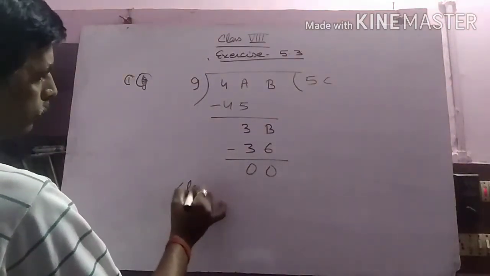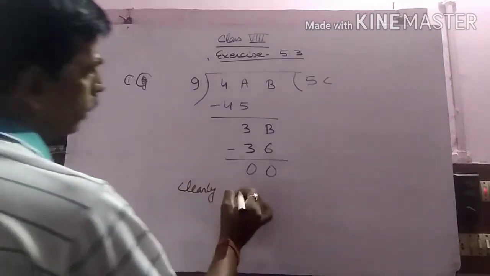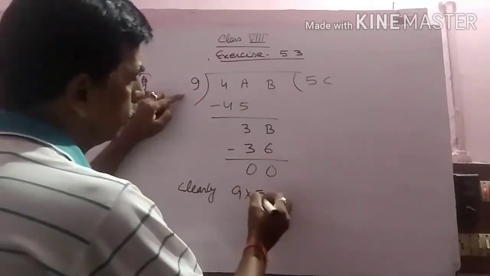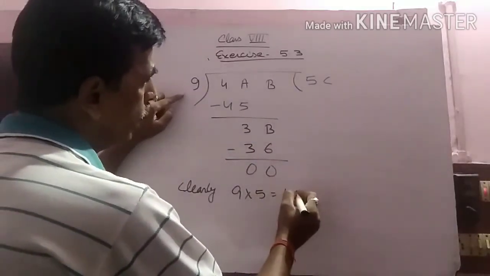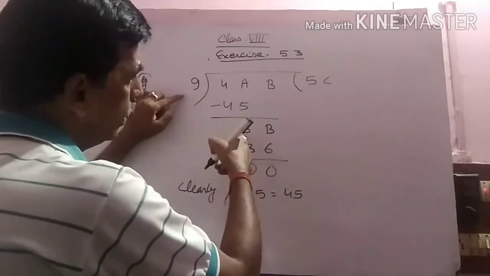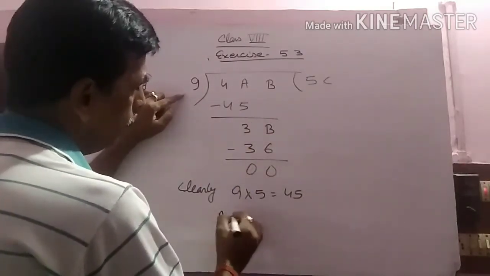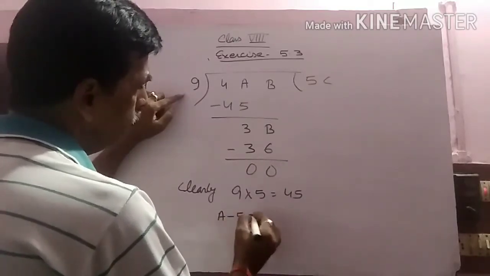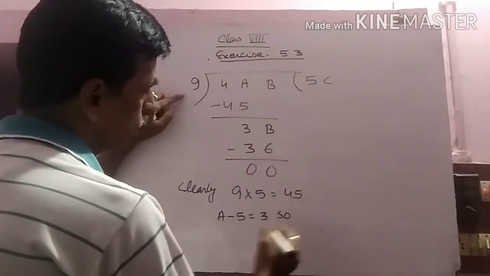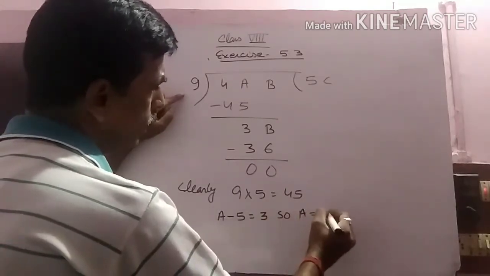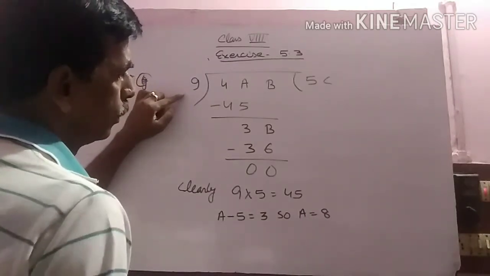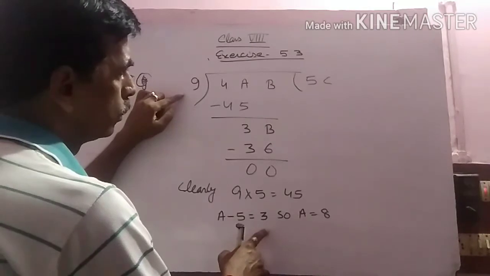So clearly we can write 9 into 5 is equal to 45. Okay. So we get here 3. A minus 5 is equal to 3. So A is equal to 8. 8 minus 5 is equal to 3.